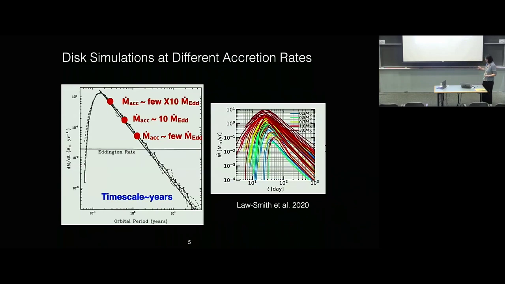And we sample accretion rates from a few Eddington to a few tens of Eddington. And also let's remind ourselves that for different TDEs, depending on the stellar and black hole parameters, the peak of the TDE can also have different Eddington ratios, and therefore we can also use these different accretion rates to understand different TDEs at peak.